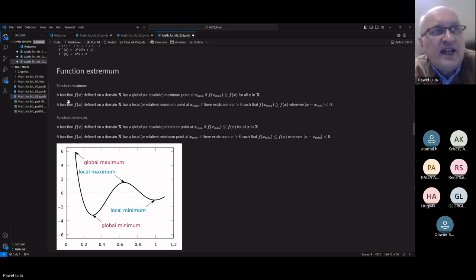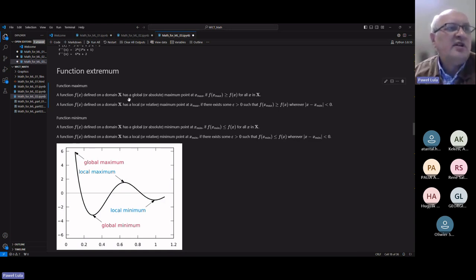Here we have: is greater or equal to values of this function for all x belonging to this domain X. So it is the biggest value of this function which we have for all allowed values of x. It is a global maximum.